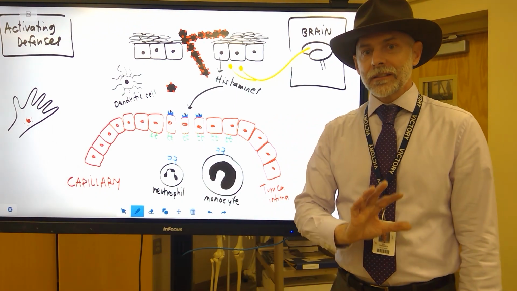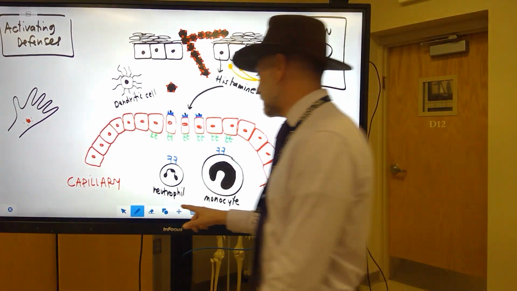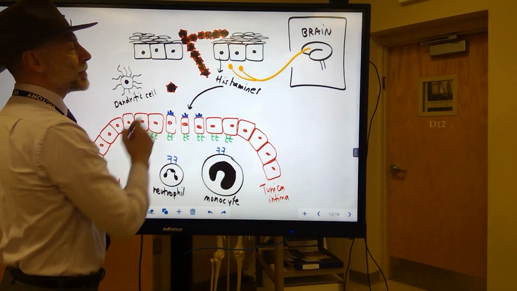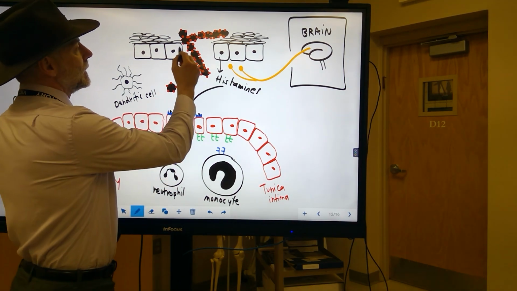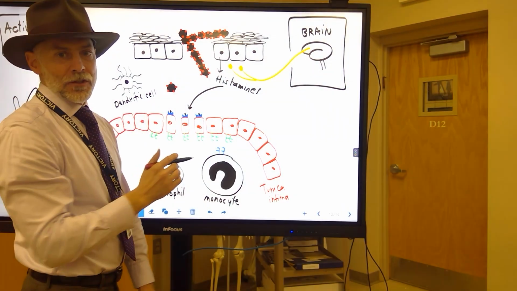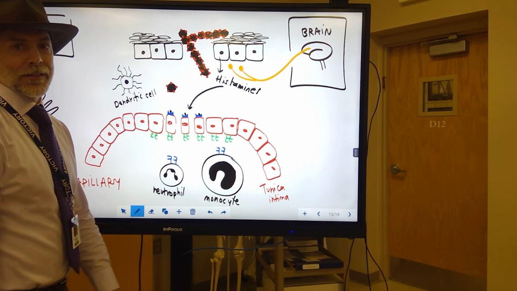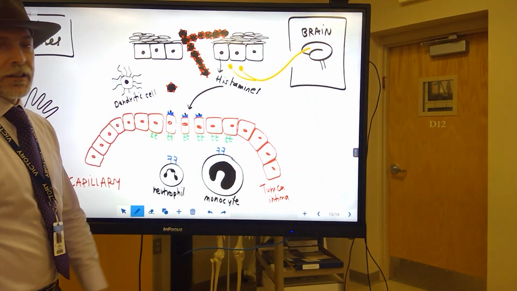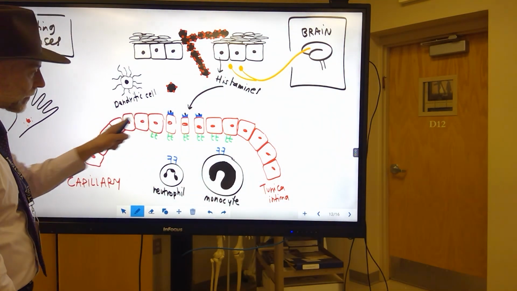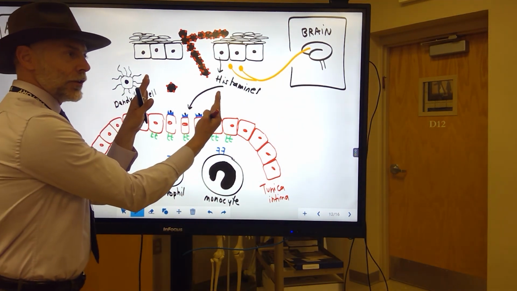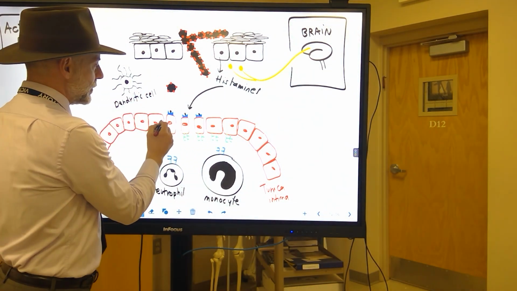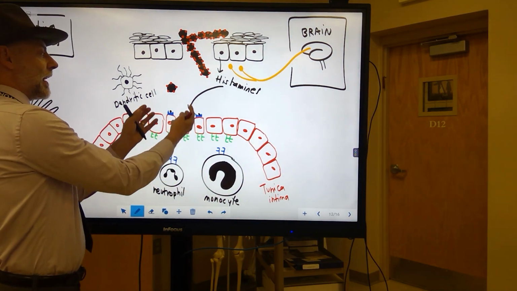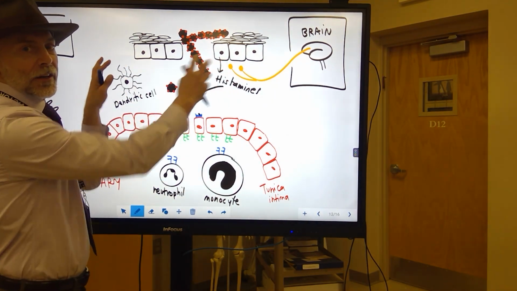Now, yesterday what we looked at was a streptococcus infection where the cells around it got damaged. They release histamines, and the histamines come over and attach to receptors on the cells of the tunica intima. Those cells shrink, generating gaps, and plasma leaks out, filling this area with fluid.